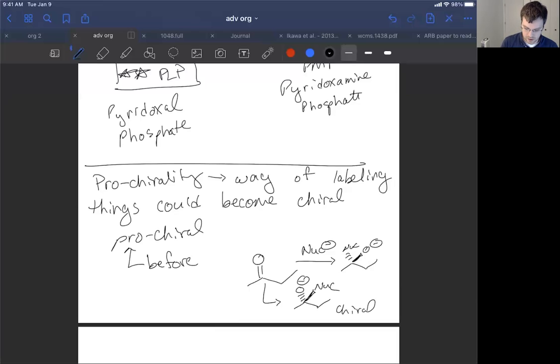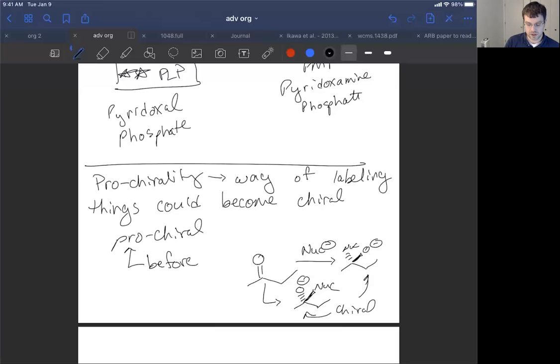Ethyl group here. Both of these are chiral. So it would be nice to label the front and back faces of the molecule, because these lend themselves to different chiral products. In this upper right case, I show the nucleophile adding from the back side. The other face I showed adding from the front.